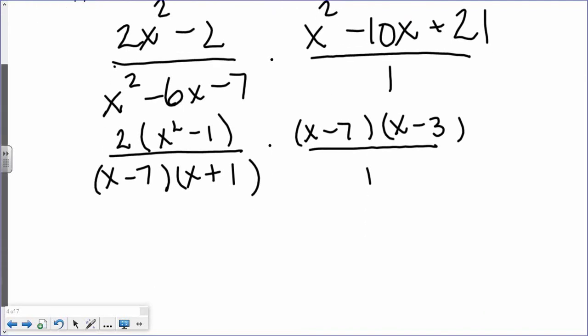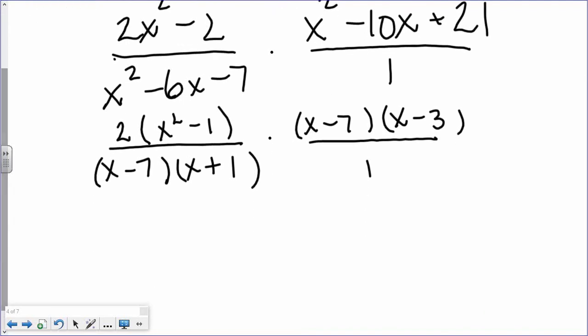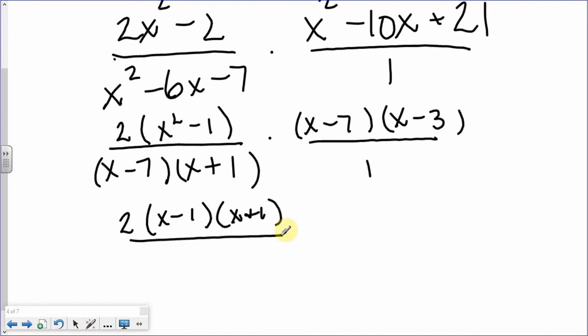I can factor a little bit more because in the top left I have x squared minus 1, which is a difference of squares. So that would factor into x minus 1 and x plus 1. Not equals, sorry, times.